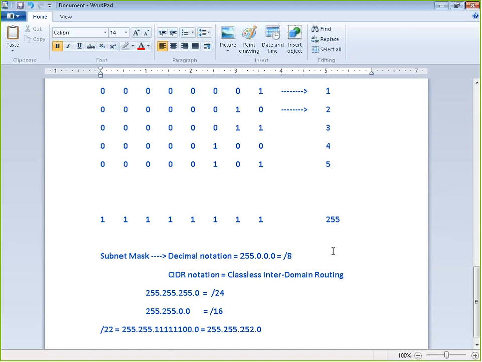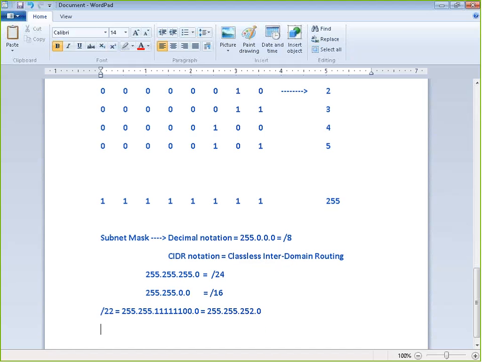Okay. So the next example that we're taking is /26. Can you tell me the decimal notation for this particular value? The same concept. Always remember, leftmost bits are ones, rightmost bits are zeros. You cannot have a 1010. It has to be all ones on the left hand side and all zeros on the right hand side.